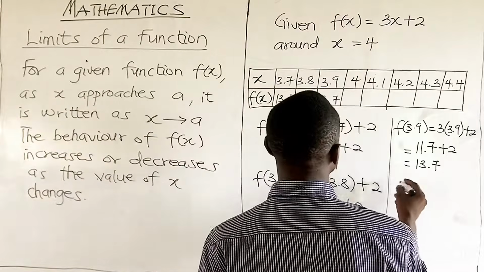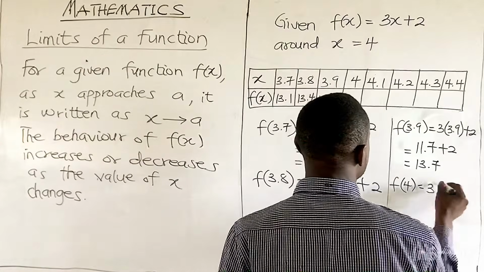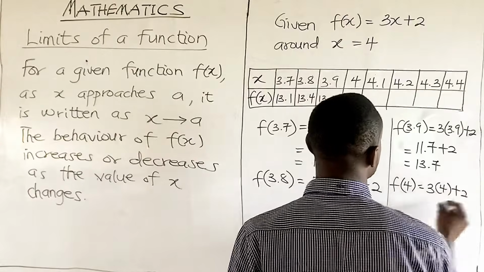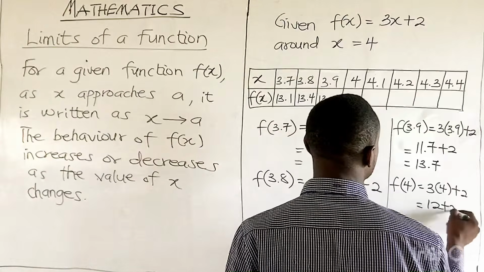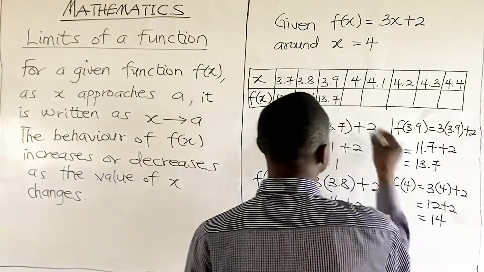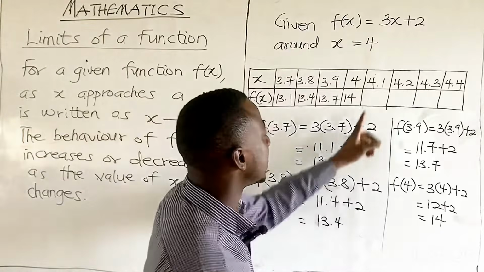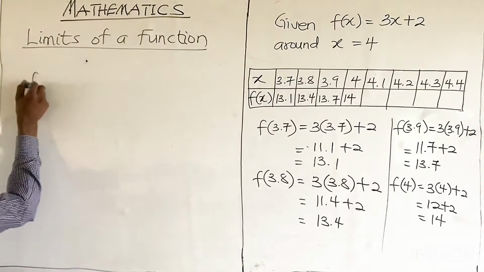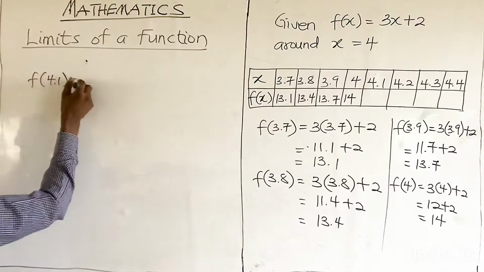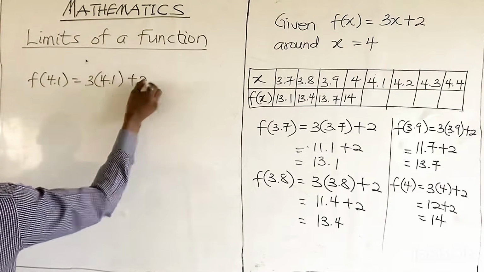When I substitute 4, we have 3 multiplying 4 plus 2. So 4 times 3 is 12, plus 2, and it gives us 14. When I substitute 4.1 in the function, we have f of 4.1, which is 3 multiplying 4.1 plus 2.